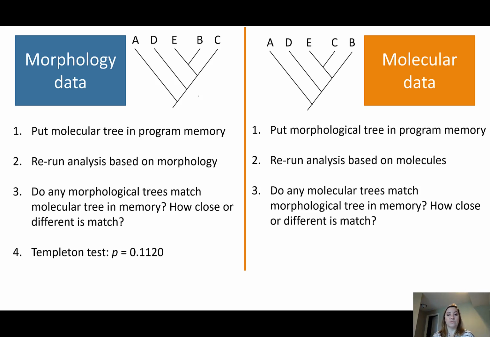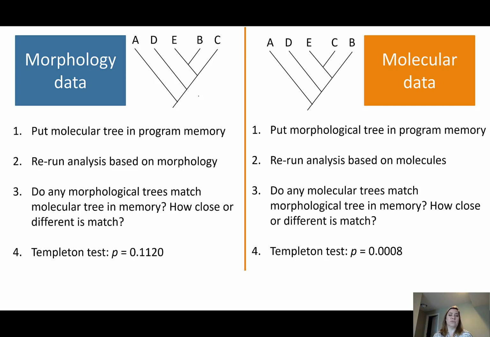How close or different is the match? How many times do the characters evolve in the molecular data set as compared to how those characters appear on the morphological tree? And let's say that we get a Templeton test here of 0.0008.